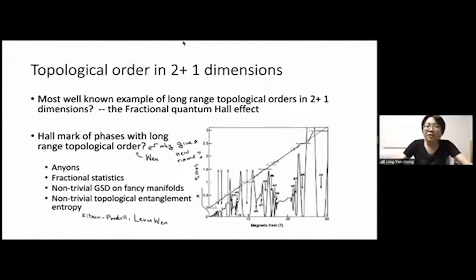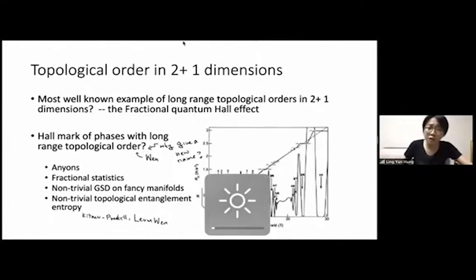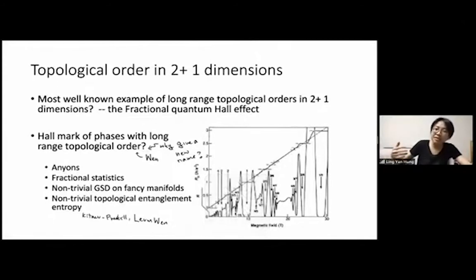And therefore, it inspired the term topological order to say that these phase transitions have nothing to do with symmetry breaking, and also that there's something long range entangled or long range correlated about these phases.